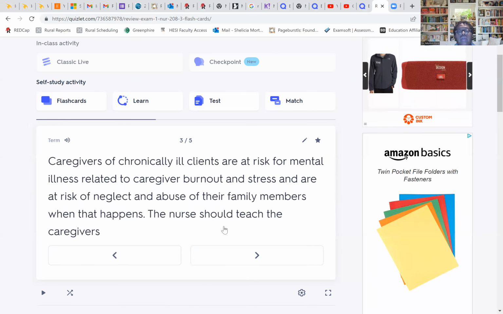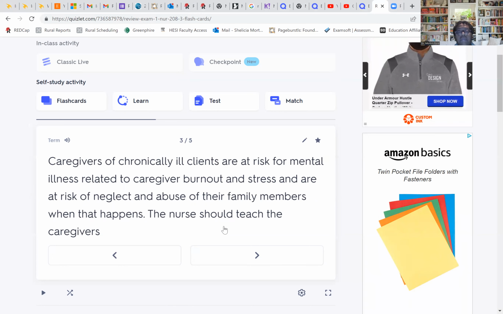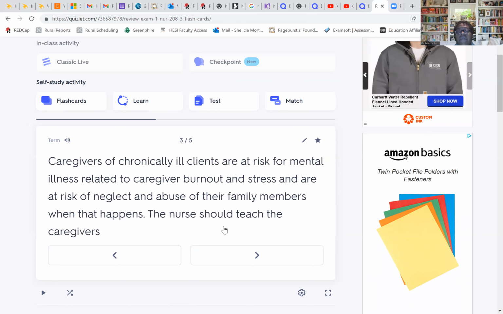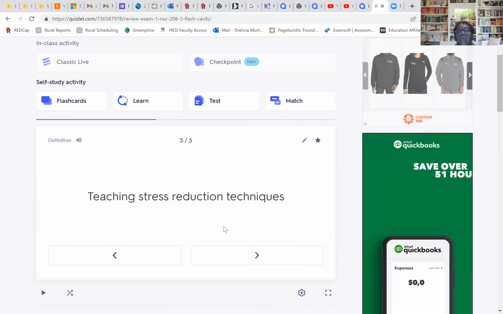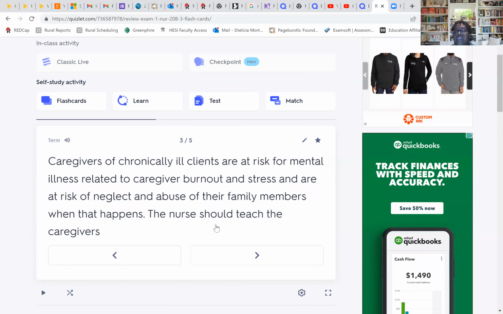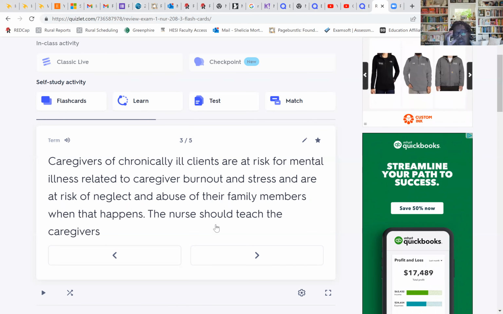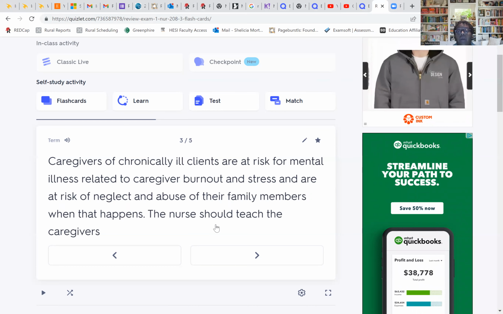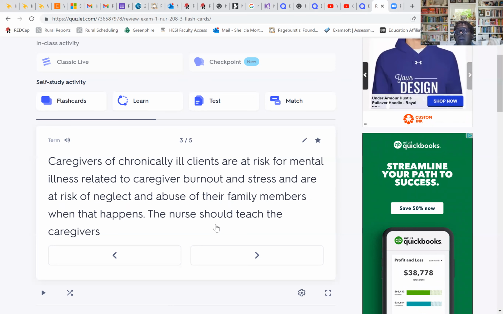Caregivers of chronically ill clients are at risk for mental illness related to caregiver burnout and stress, and are at risk of neglect and abuse of their family members when that happens. The nurse should teach caregivers stress reduction techniques. Caregivers many times get sicker or experience different disease processes directly related to stress, because they're the one caring for that chronically ill client.